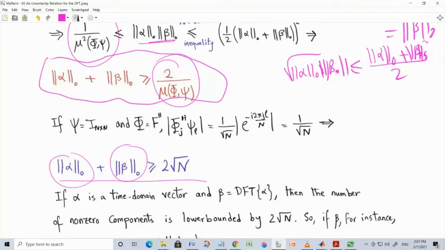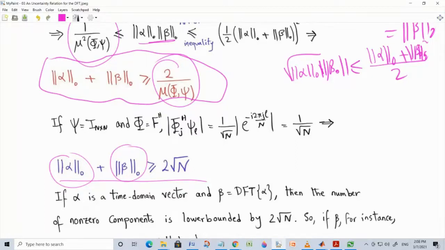Okay, so this is an idea. So again, the takeaway message is that signals, practical signals, are typically sparse in some domain, time, frequency, wavelet, whatever. And if they are sparse in one domain, one useful domain, they are typically not sparse in another domain.